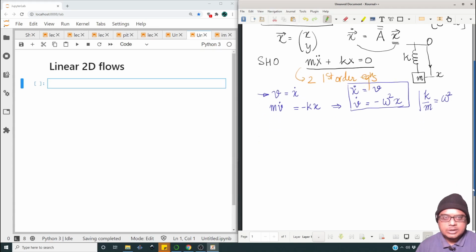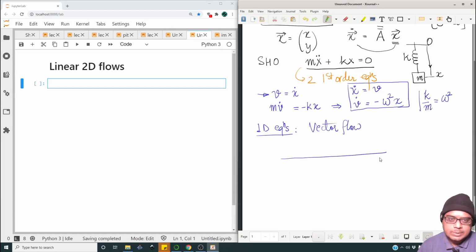In the case of one-dimensional equations, we had an idea of a vector flow, and the vector flow simply told us on a one-dimensional line how a point moves. The motion of the point was dictated by the velocity, or x dot, at that particular location.